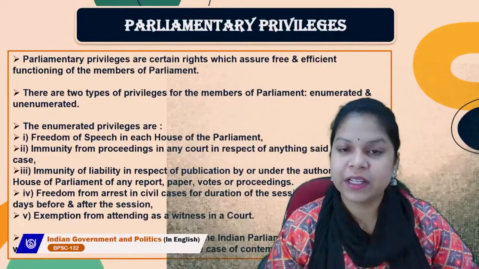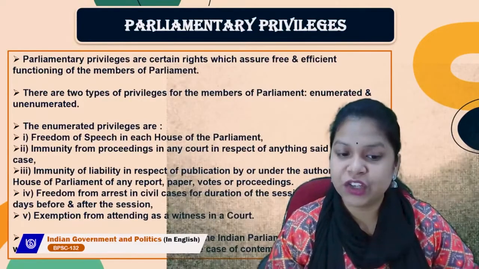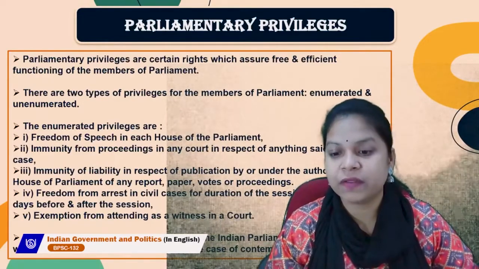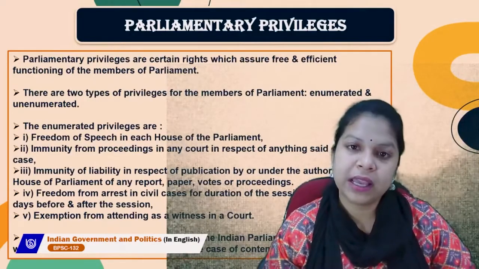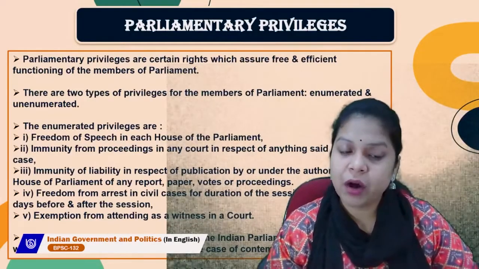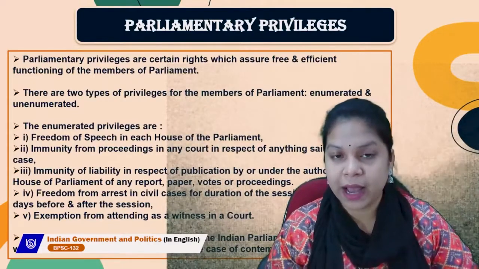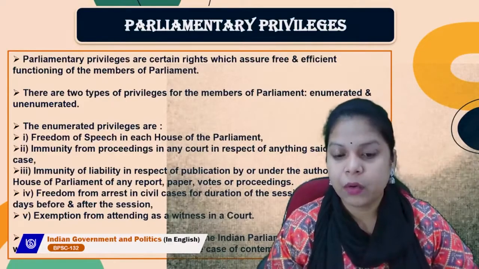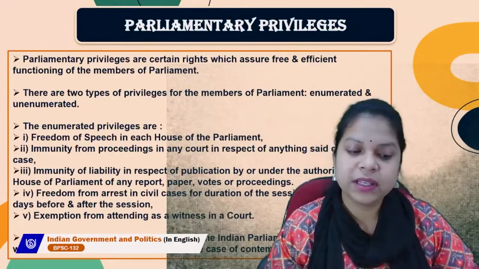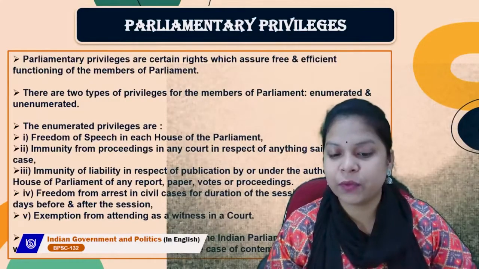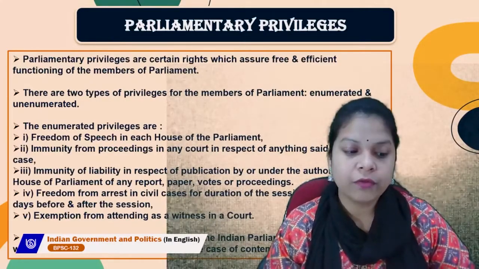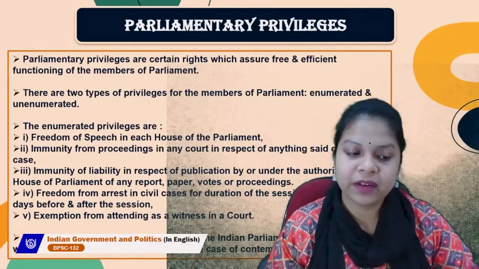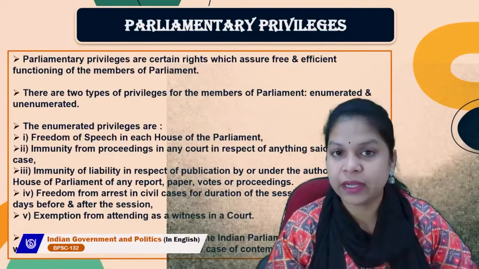The enumerated privileges are: first, freedom of speech in each house of the parliament; second, immunity from proceedings in any court in respect of saying anything or any vote cast; third, immunity from liability in respect of publication by or under the authority of either house of the parliament of any report, paper, votes or proceedings; fourth, freedom from arrest in civil cases for the duration of the session and for a period of 40 days before and after the session; and fifth, exemption from attending as a witness in a court.